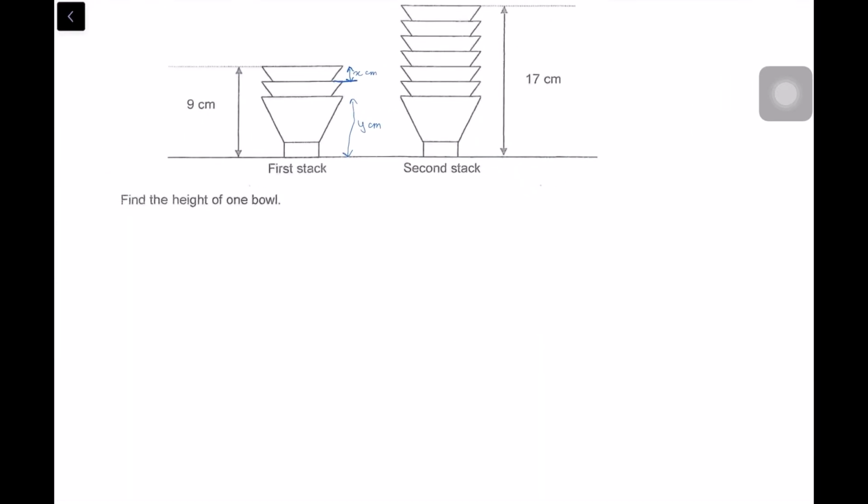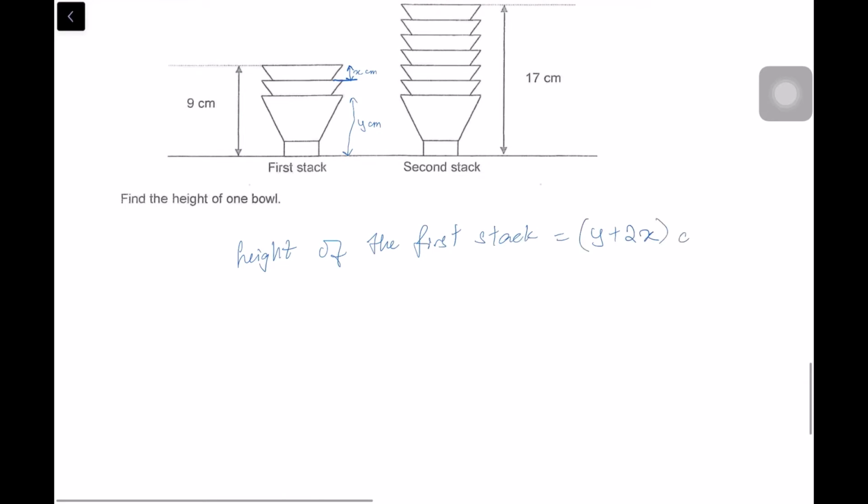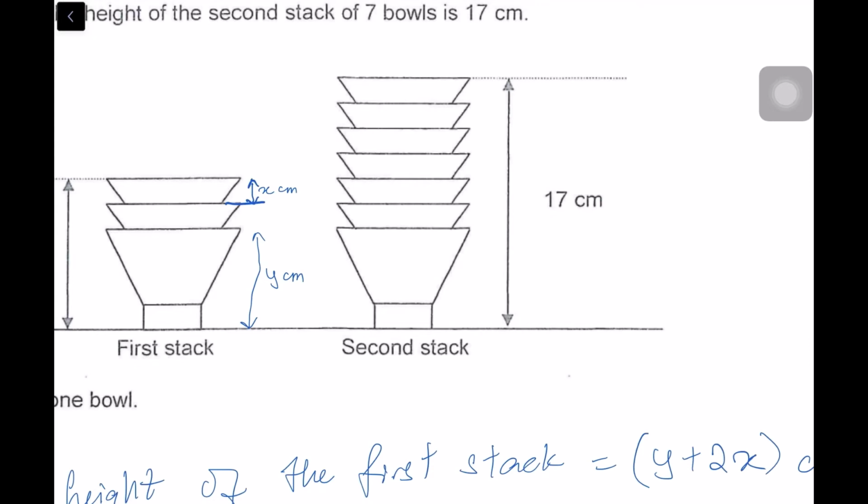So based on this, we know that the height of the first stack would be equal to y plus 2x cm, and the height of the second stack would be y, and x, x, x, x, x, and x.